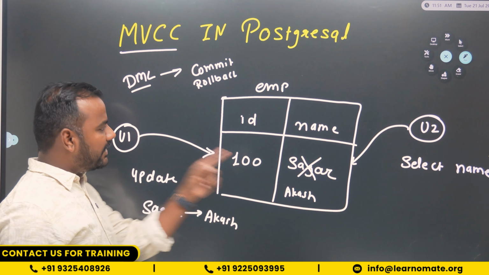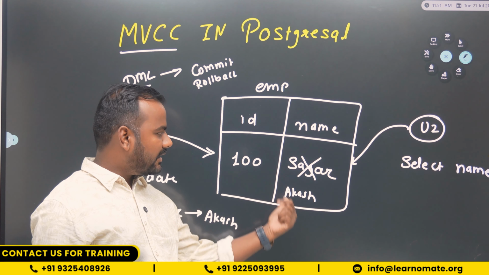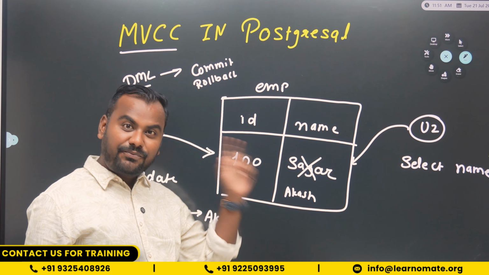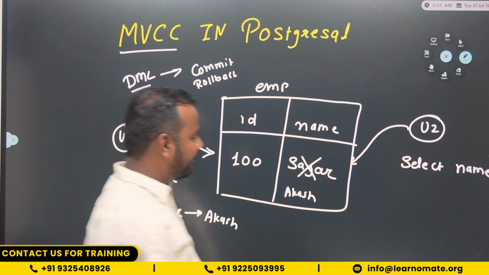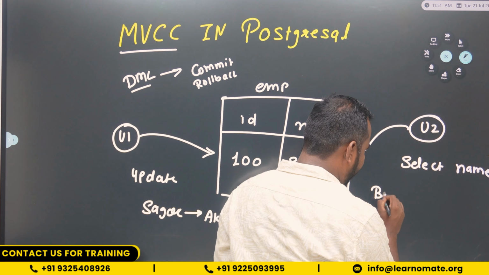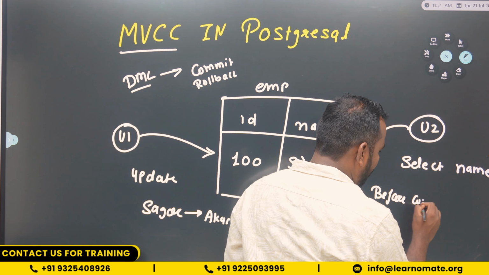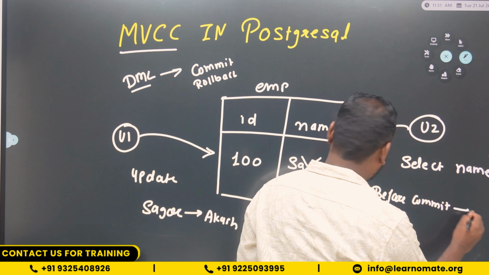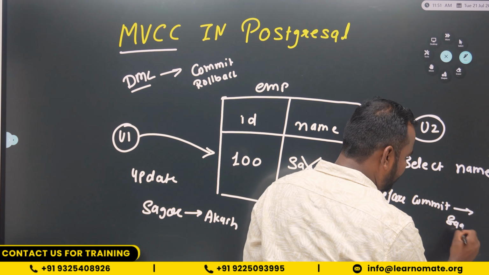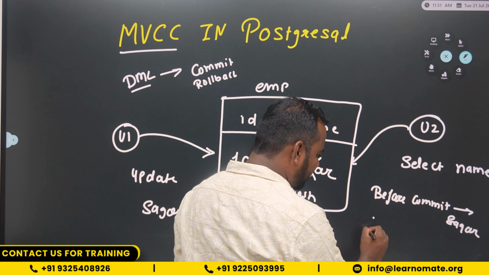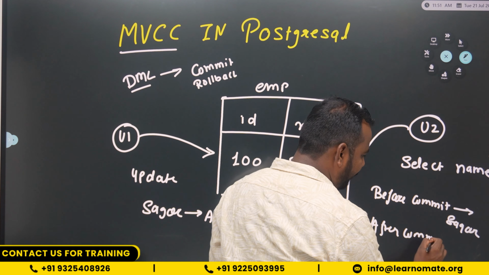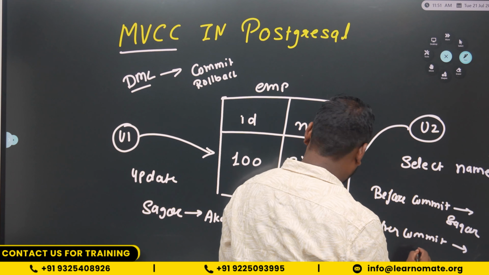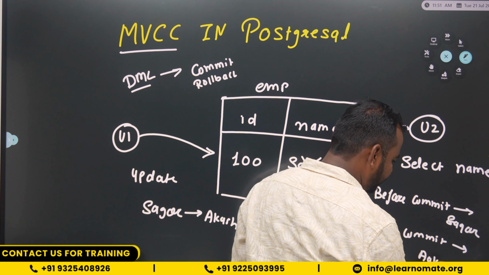Now when user one changes the name from Sagar to Akash, before commit, let's say he has not done the commit yet, what name will the other user be able to see? He will see Sagar. But after the commit, the name visible will be Akash.